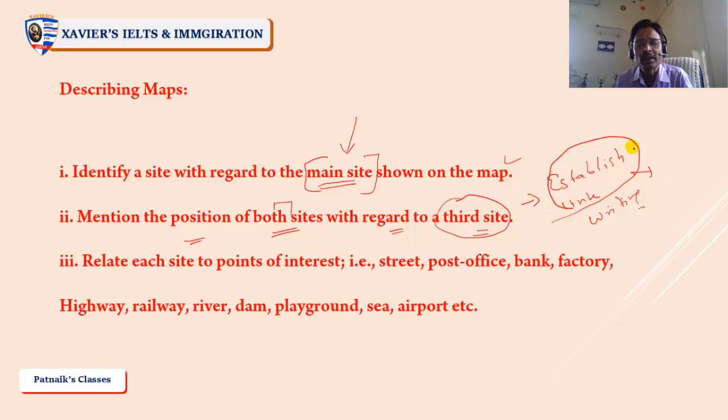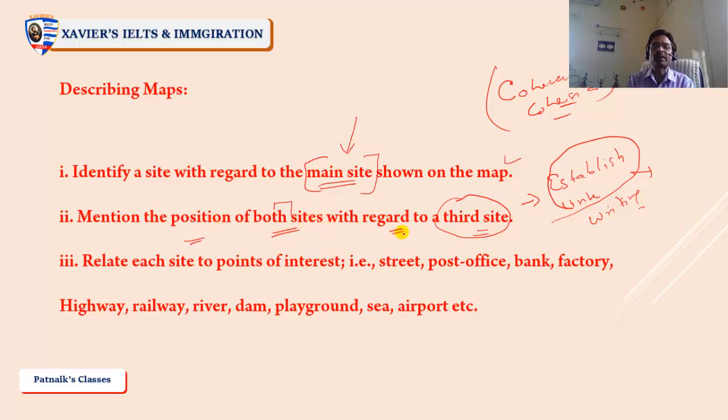Your writing will be in a synchronized, logically related manner, just to fulfill the band descriptors of coherence and cohesion. You can fulfill those things by planning your writing in this way: position of both sides with regard to a third side.